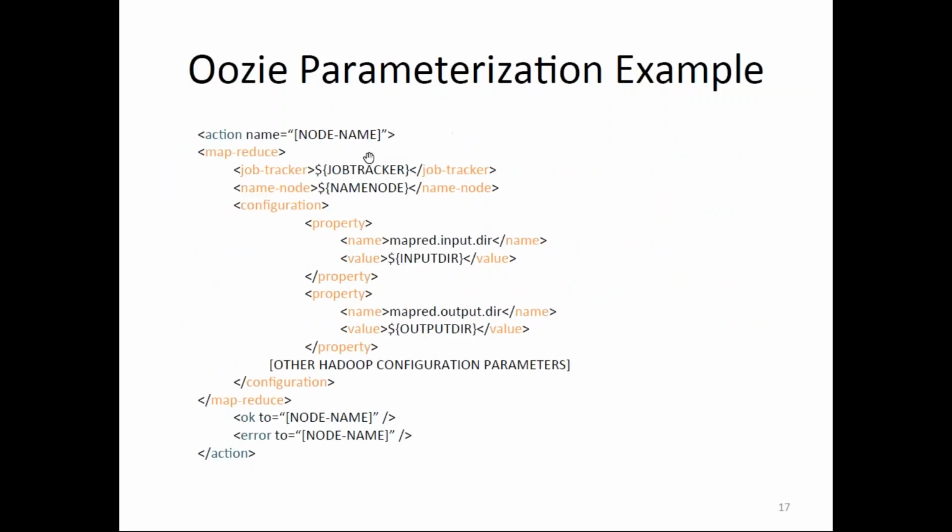How we do that, as you're seeing in this example, is that within curly braces and with a dollar symbol, you say it is a job tracker, and the actual information of the job tracker is kept in your job.properties file. Likewise, if you have an input directory, you can give that input directory, and if you have an output directory, you can give that output directory, just with a simple name, but the bigger path is kept in the job.properties file.